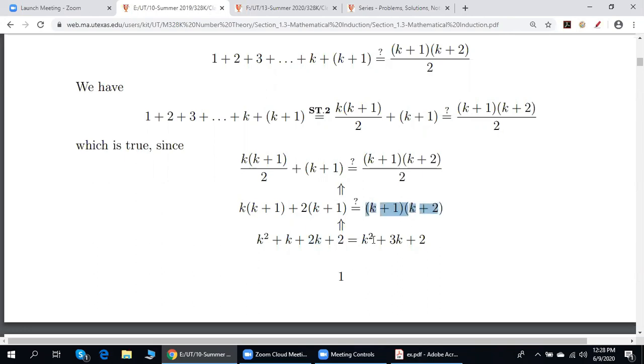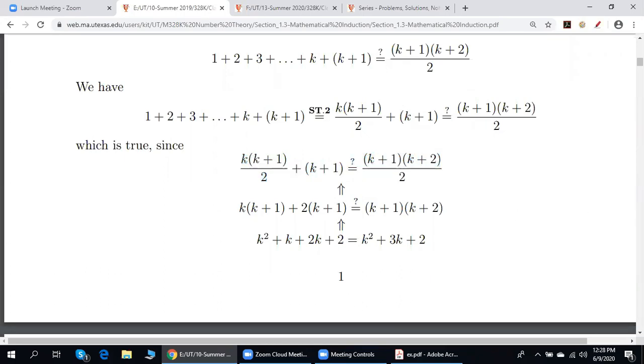And over here. Done. Obviously, since k plus 2k is equal to 3k, this is true. And then we switch the arrows. This, by college algebra, implies this. This implies this. So this is true. And now we are done.